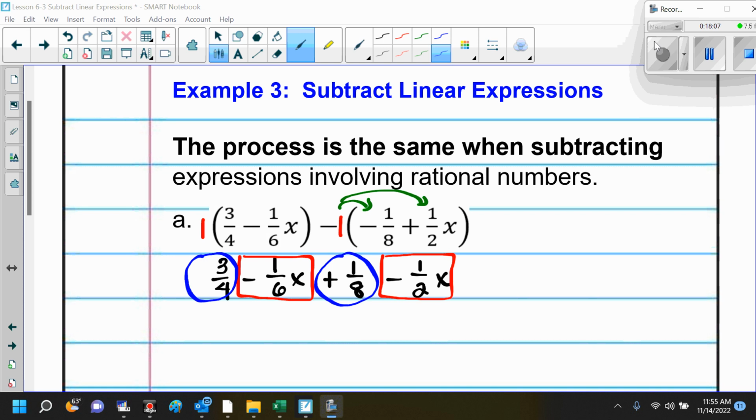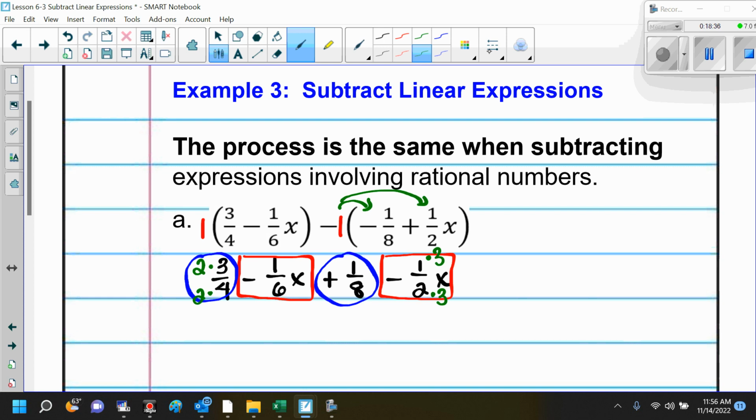So before we can add these together, we need to have common denominators, right? So here, I'm going to look at the x terms. So we've got 6 and 2. What's the common denominator with 6 and 2? 6. So we're going to multiply times 3 here and times 3 there. And with 4 and 8, the common denominator is 8. So we're going to multiply times 2 here and times 2 there.